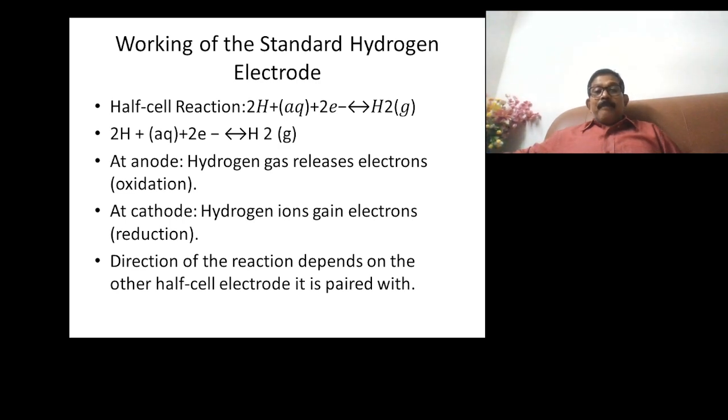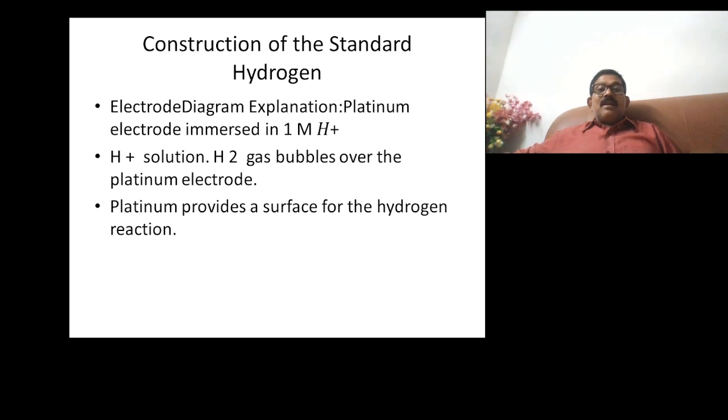So the construction of the standard hydrogen electrode. The electrode diagram explanation. Platinum electrode is immersed in a container containing 1 molar H plus ions, and through the H plus solution hydrogen gas bubbles over the platinum electrode.